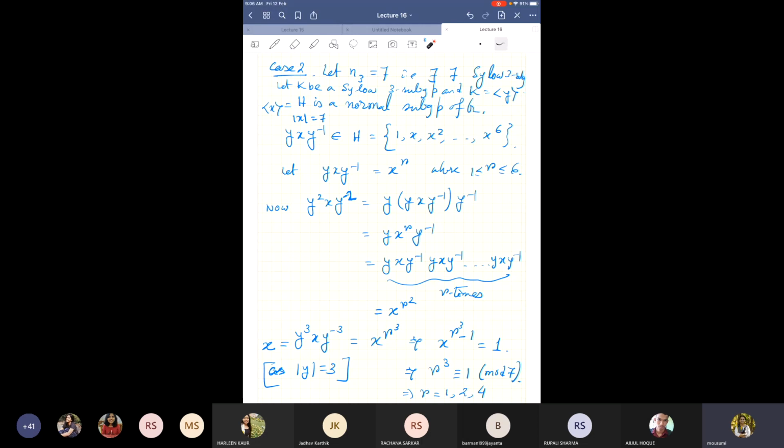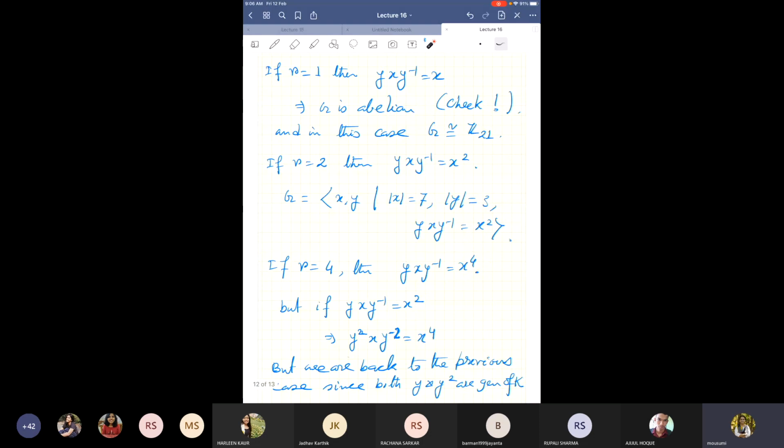So from the values of r, you can see that 1, 2 and 4 are the only 3 values which satisfy this equation. So I will have the choice r equal to 1, 2 and 4. Now I will consider these 3 cases.